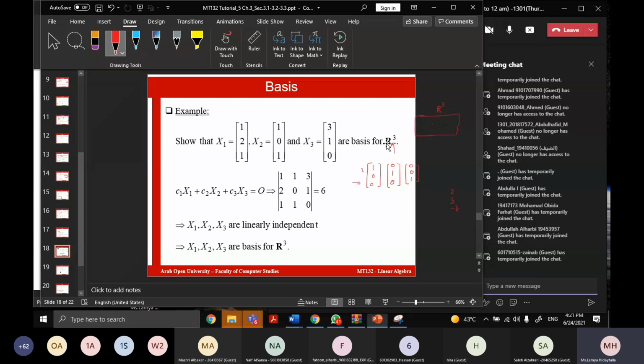What matters to me in R3 is 3 vectors, 1 2 3, that are linearly independent. So are these linearly independent? What do we do? Can I use the determinant here to prove whether it is dependent or independent? Yes, because when you write the three of them and take the determinant. Okay, so we remove this.